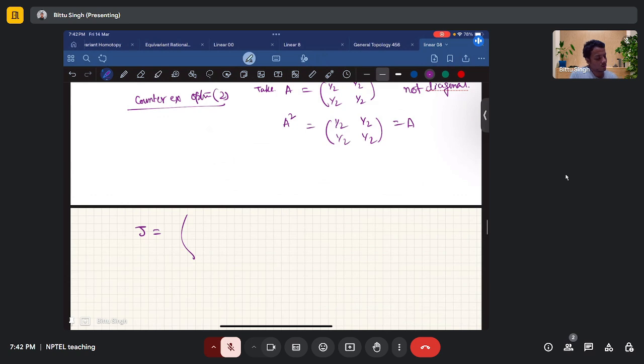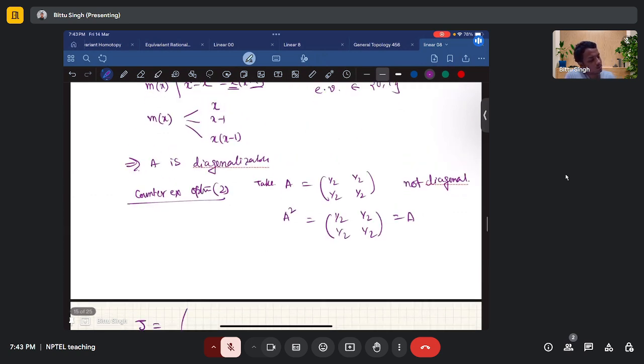For those three possibilities, there can be different Jordan canonical forms.